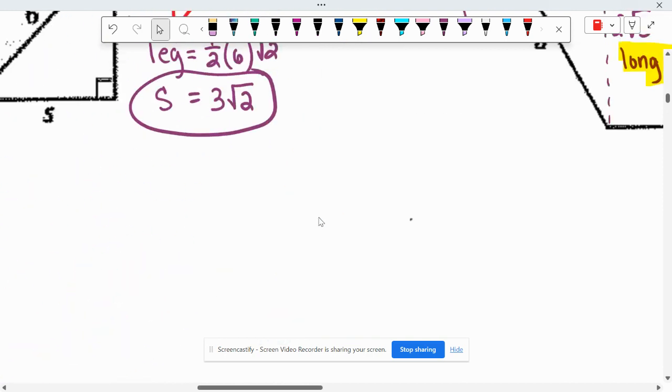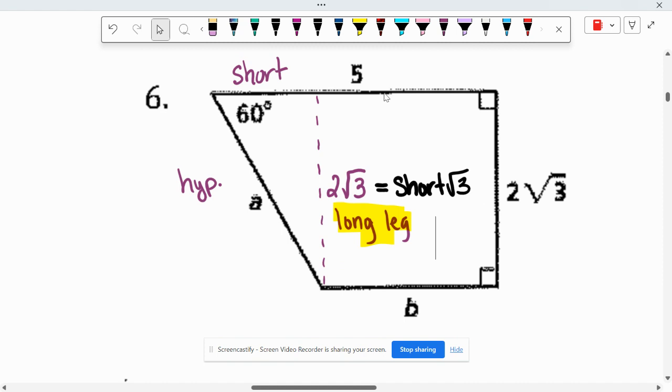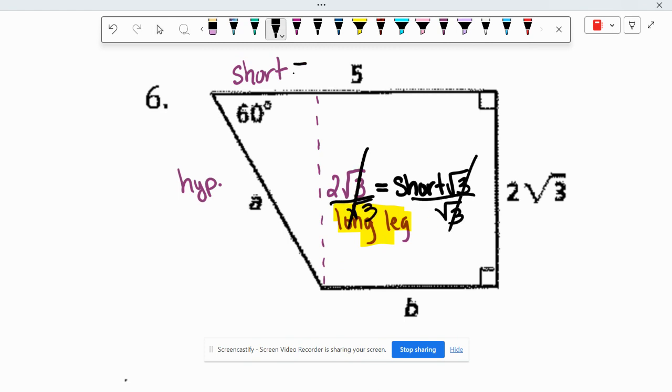So if I know what the long leg is, I took the short leg and I multiplied it by the square root of 3. So what is the short leg? What do you see that you have on both sides? Divide by the square root of 3. What is the short leg? Short leg is 2. That means this piece right here is 2.